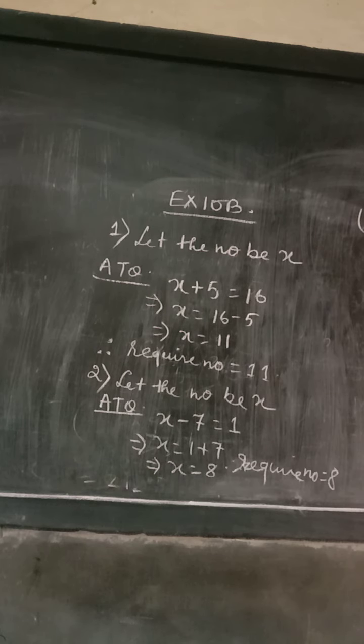Question number 3 says 1 by 2 of a number is 50. Find the number.